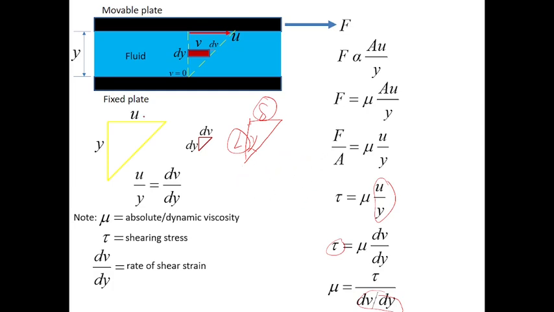Similarly, ang U natin ay speed over distance. So, kung meron kang angle dito, okay, speed over distance. So, U over Y. So, sabihin natin ang U ay nakameter per second. Ang Y ay nakameter. Meter per second over meter. Cancel. Ano matitira? Meron siyang per second.